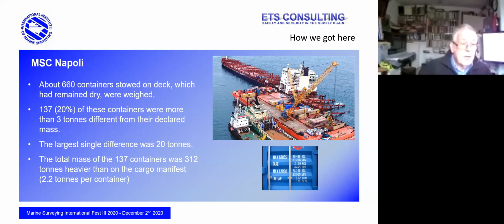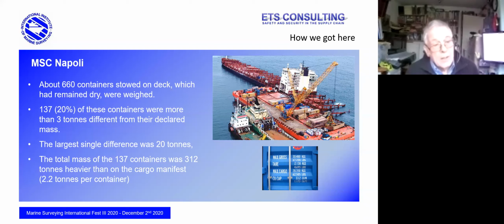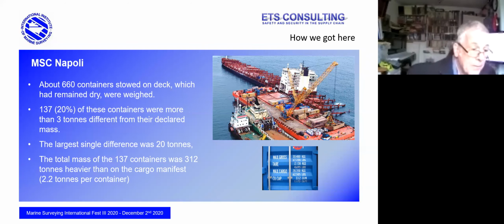And 20% of the containers were found to be more than 3 tons different from their declared mass. And the largest single one was 20 tons, as it shows on the graphics. That means that a container was declared as empty but was actually packed.